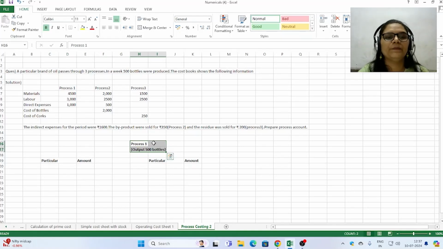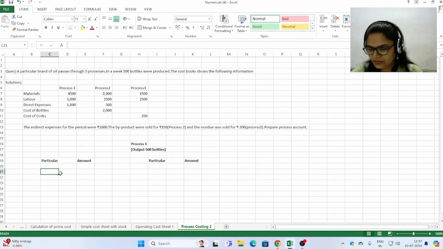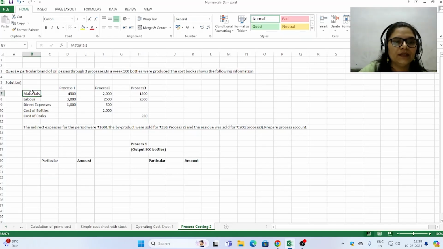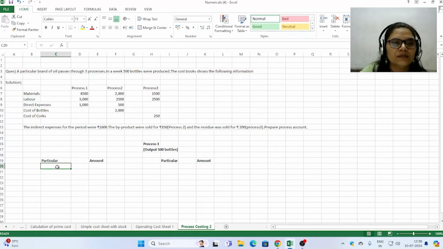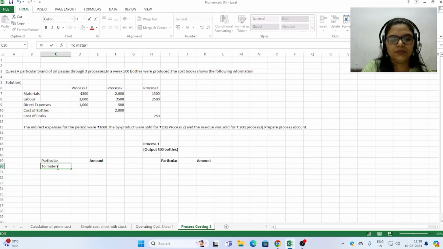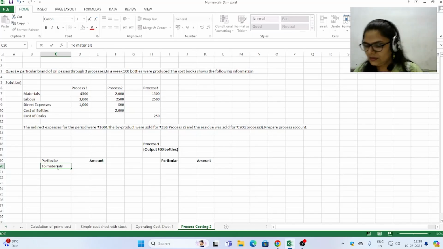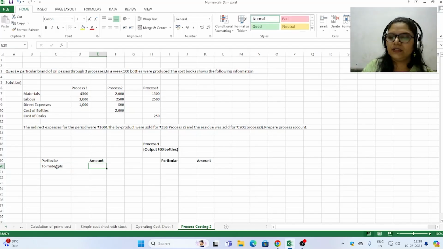Again control B. Now, we all know all the expenses we record on the debit side. For process 1, material, we will write to material. To materials we have for process 1, 4500.